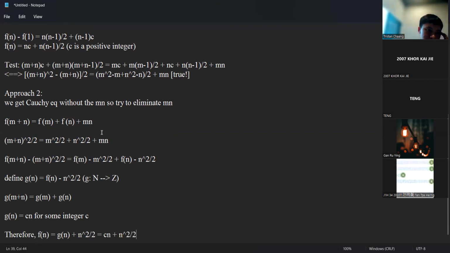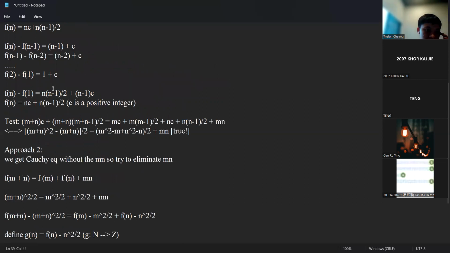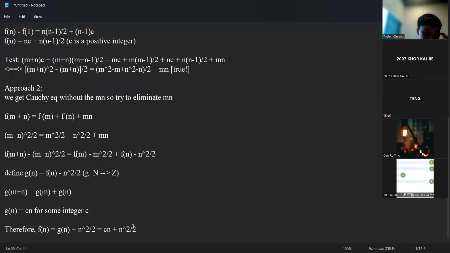So it looks a bit different, but I believe it's the same thing. But we have to find the properties for c because we have to make sure f is from N to N. Right, the domain is the set of natural numbers, the codomain is the set of natural numbers. And we immediately notice that c must be a half integer for this to work.